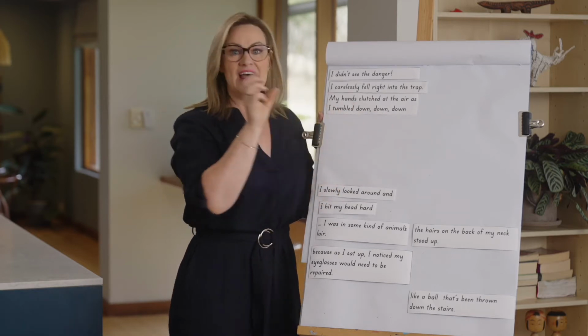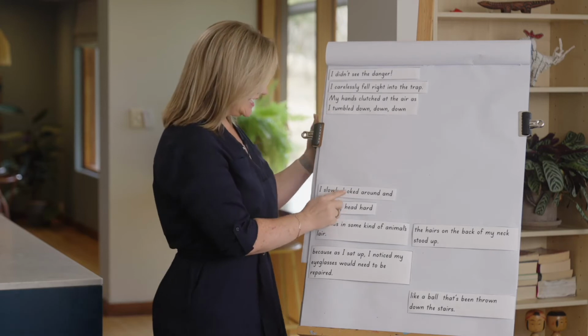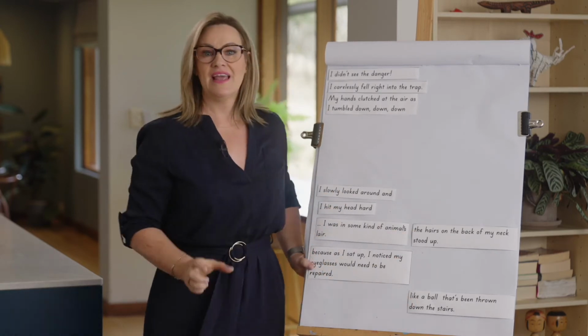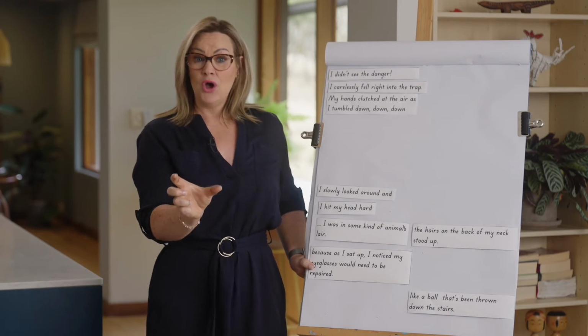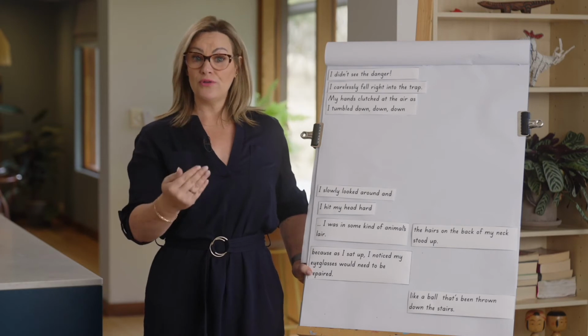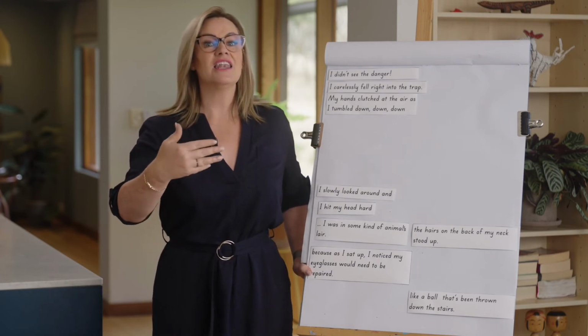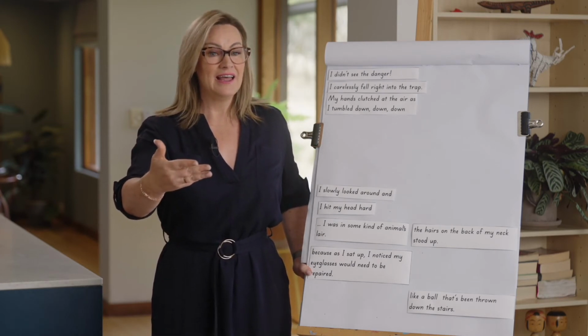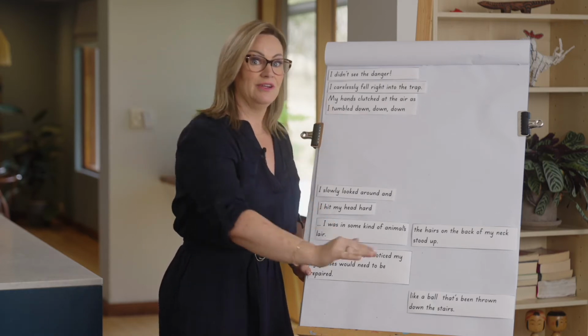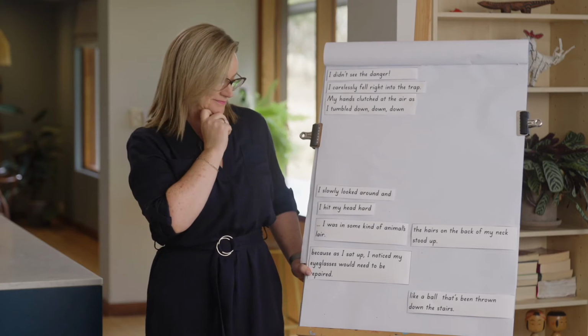Tumble down, down, down. Now, can you see here where the author has used a simile? Can you find a section here where the author chooses to say, like a? Now, something going down, down, down. Found it?